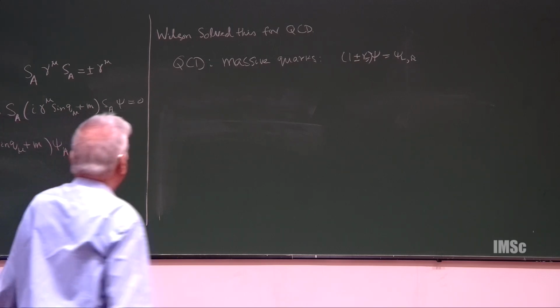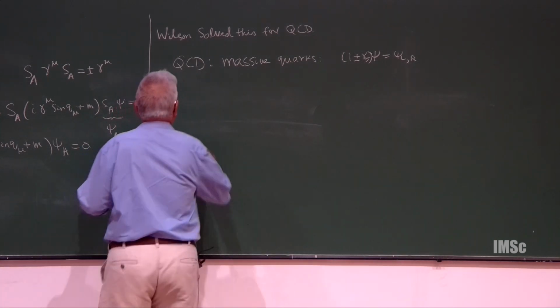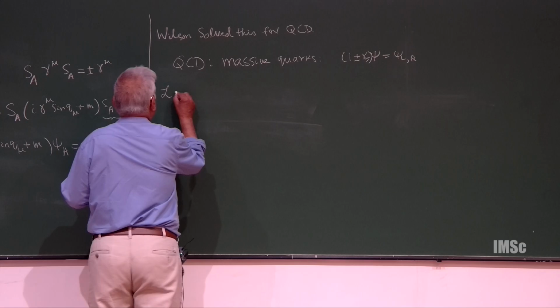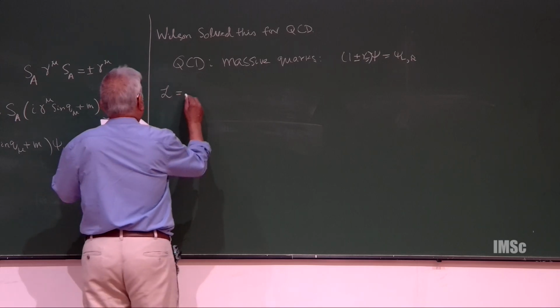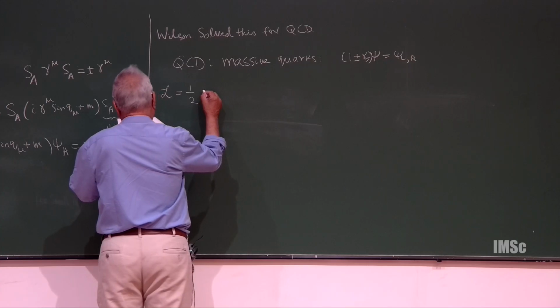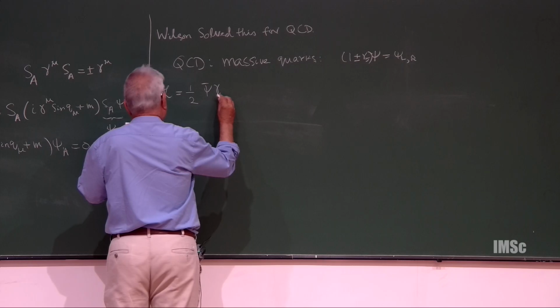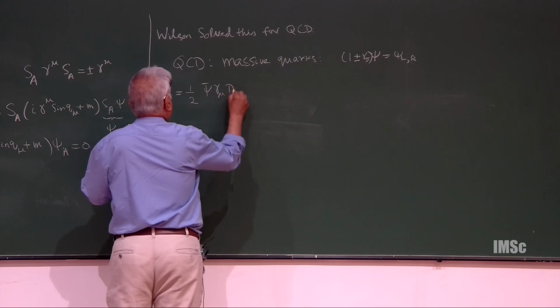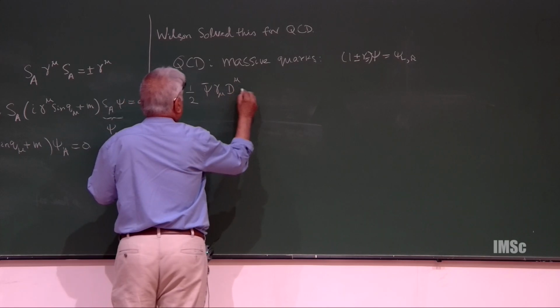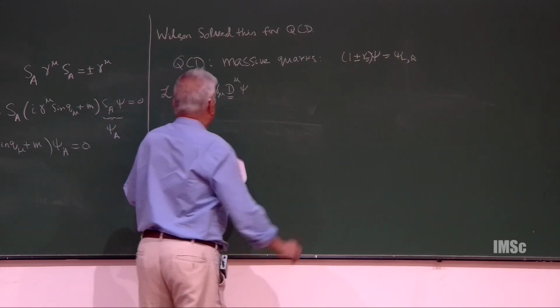So what did Wilson do? Wilson said, for our Lagrangian, which is 1/2 ψ̄ γ^μ D_μ ψ, now we have a gauge theory of quarks and gluons, so this is the color covariant derivative.